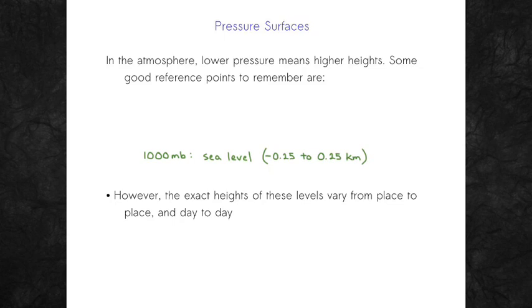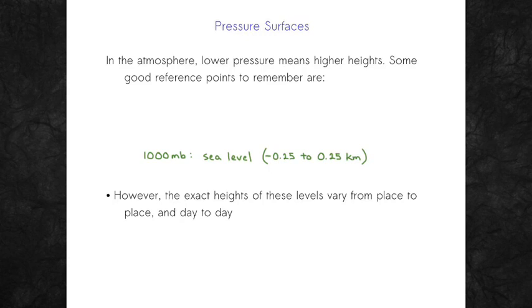So we can say that sea level pressures are typically around 1,000 millibars. Now, on any given day, though, that can vary a little bit. So maybe we should give it a range. We'll say maybe something like minus 0.25 kilometers, so minus a quarter of a kilometer, up to a quarter of a kilometer, say. So 1,000 millibars is down near sea level, plus or minus a quarter of a kilometer, say.